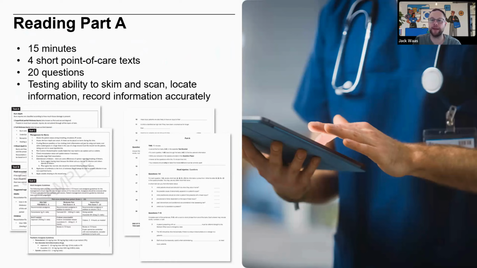At least one may have info in a visual format. Part A is 15 minutes for short point of care texts, 20 questions, and it's really testing your ability to skim and scan, locate information, and record information accurately.